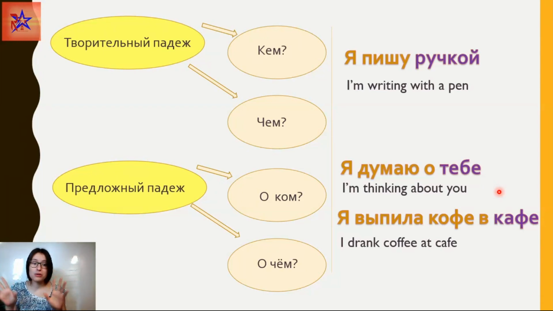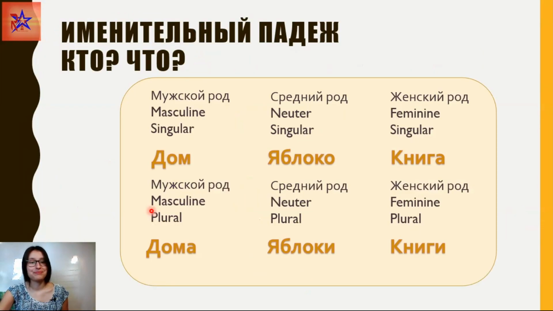So whereabouts of something or somebody. So, for example, в лесу, in the forest, в доме, in the house. Я выпила кофе в кафе. I drank coffee at a cafe. You see, that's a position. That's why we use a prepositional case. Предложный падеж.